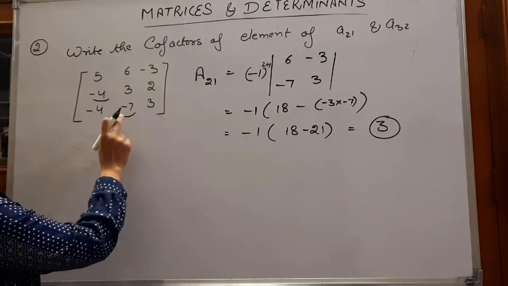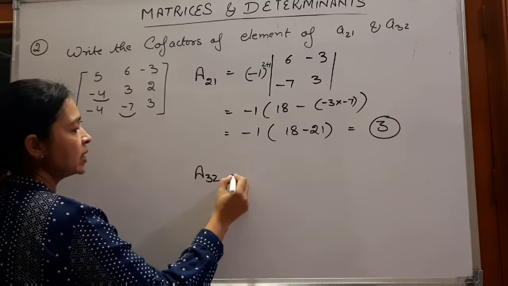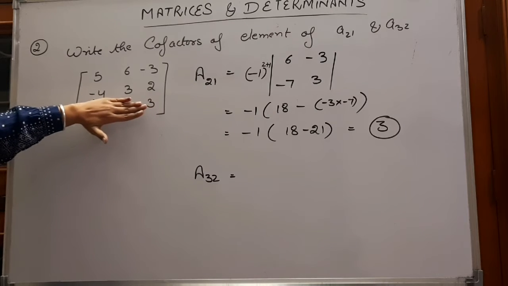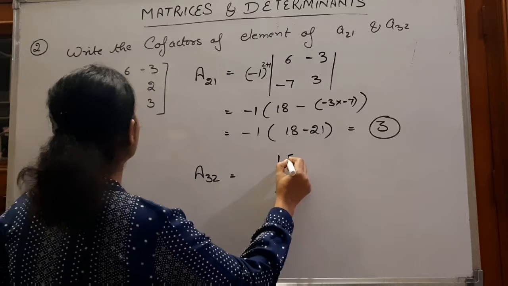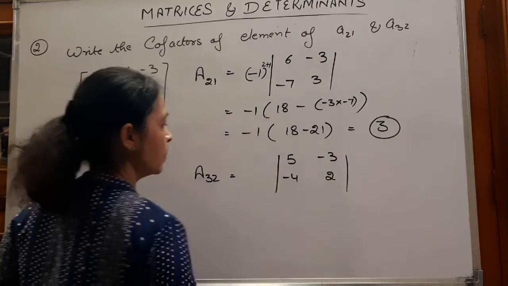Now, we have to find the cofactor of element A32. What we will do? We will leave third row and second column. We will have 5, minus 3, minus 4 and 2.